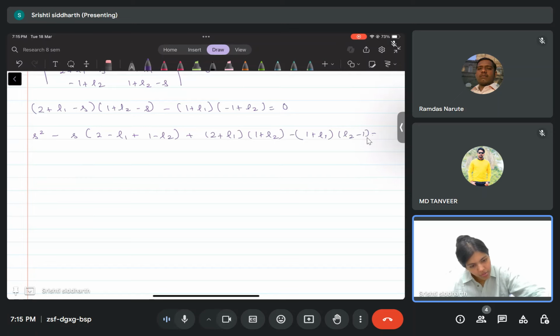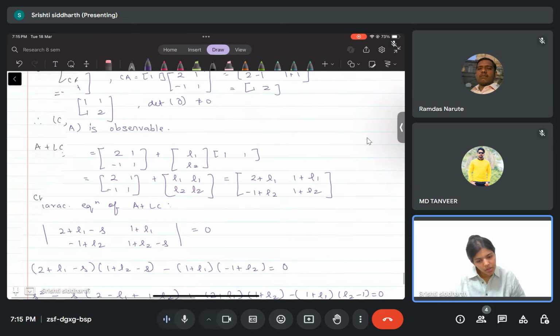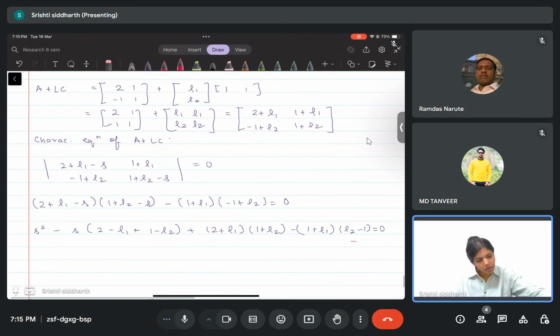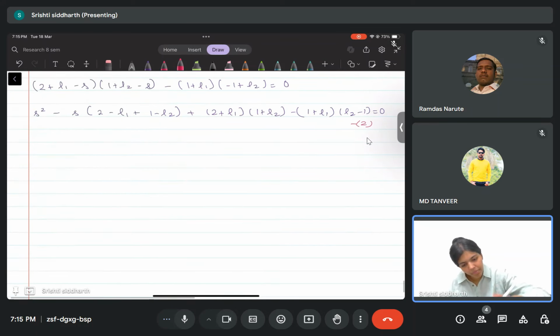That's the first equation, and this is the second one. So I'm comparing the coefficients.